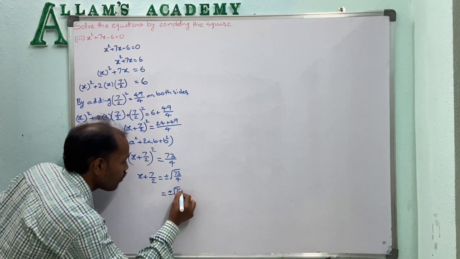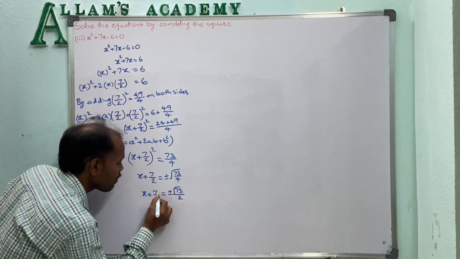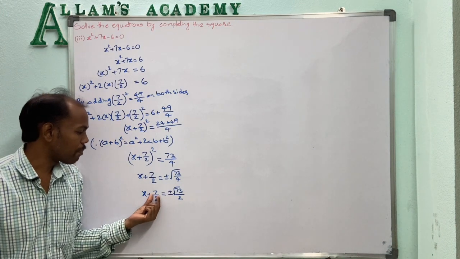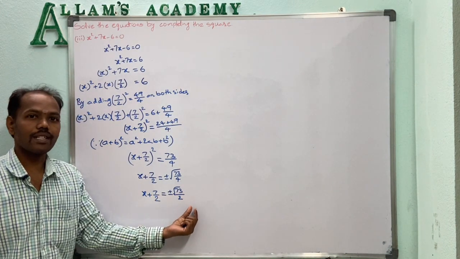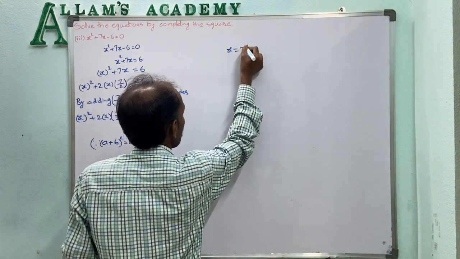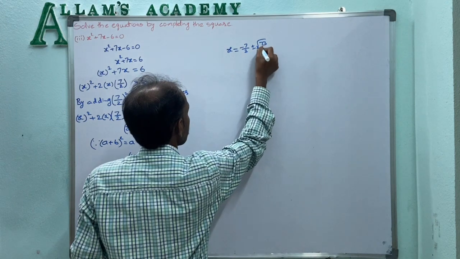Root 4 is nothing but 2. So x plus 7 by 2 equal to plus or minus root 73 by 2. Now this plus 7 by 2 transfers to that side as minus 7 by 2. So x equal to minus 7 by 2 plus or minus root 73 by 2.